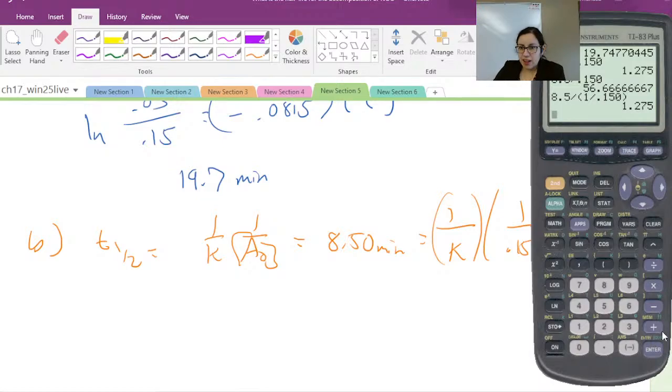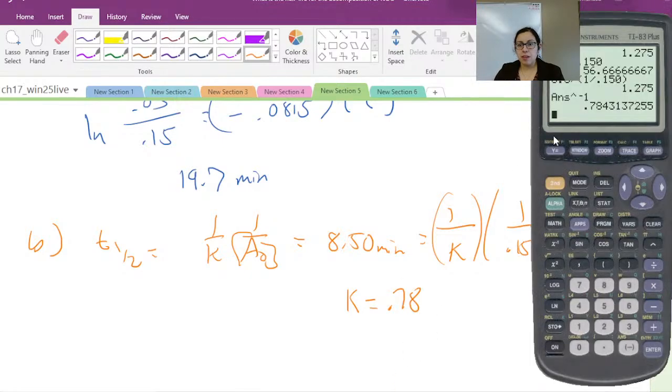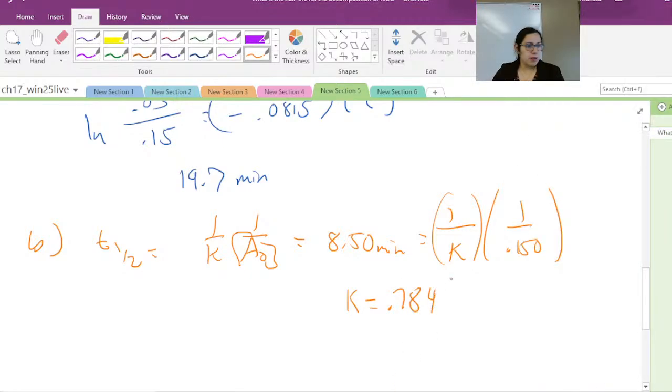Oh, right, to get to k. I was being dumb there. Okay, so to solve for k, k is 0.784, and that's per molarity per minute.